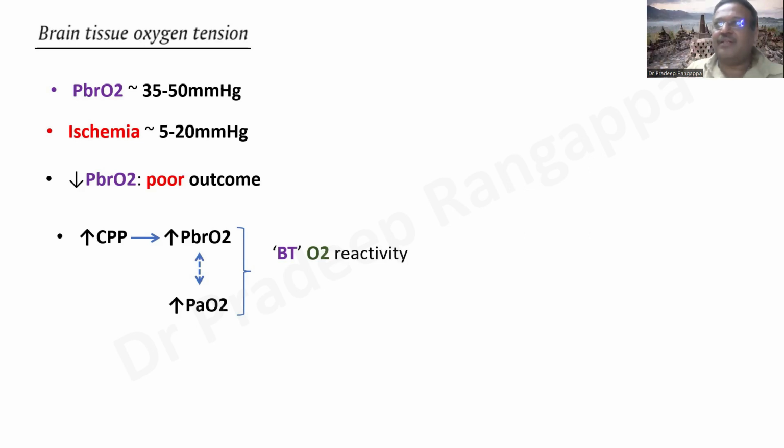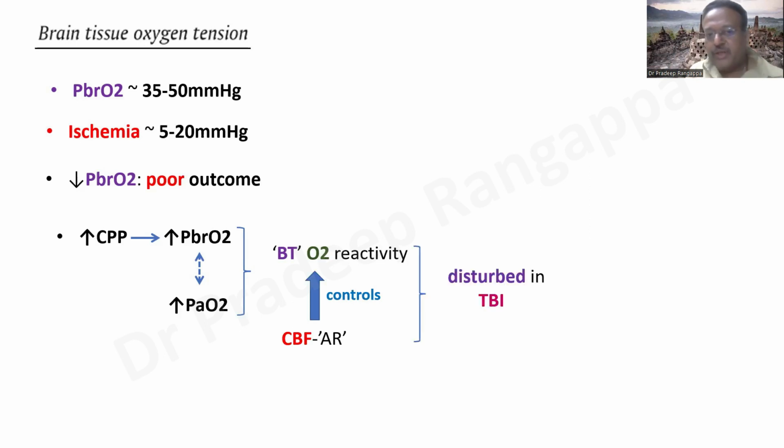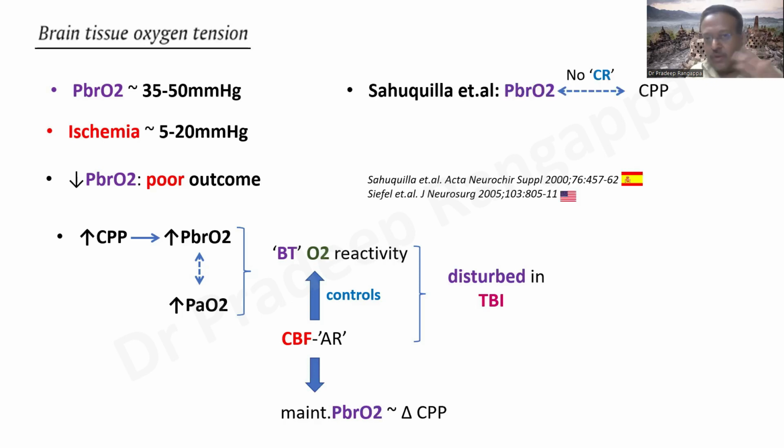So basically, autoregulation is where an increase in the blood pressure leads to an increase in the CPP, and an increase in the systemic oxygenation leads to an increase in the brain tissue oxygen. When the brain responds to an increase in certain systemic variables, we call it autoregulation. This is brain tissue oxygen reactivity, and it is shown to have a good correlation with cerebral blood flow, and this is disturbed in severe traumatic brain injury. But there are studies to contradict this.